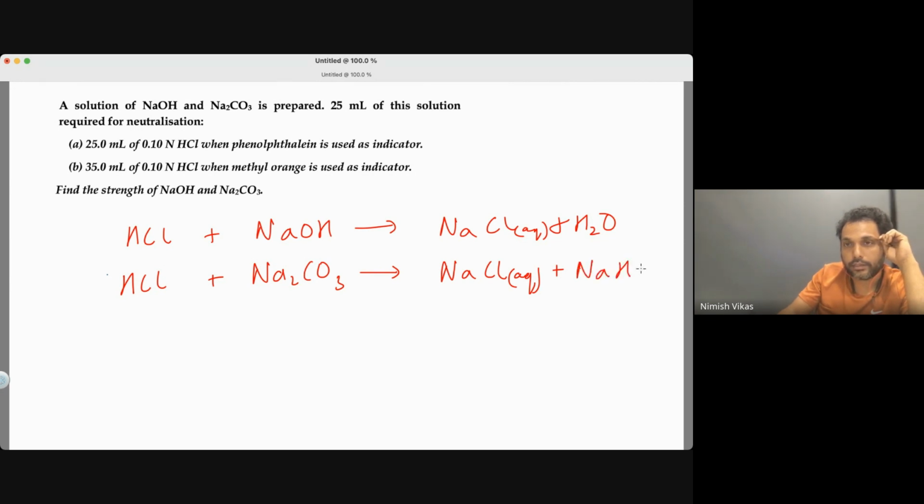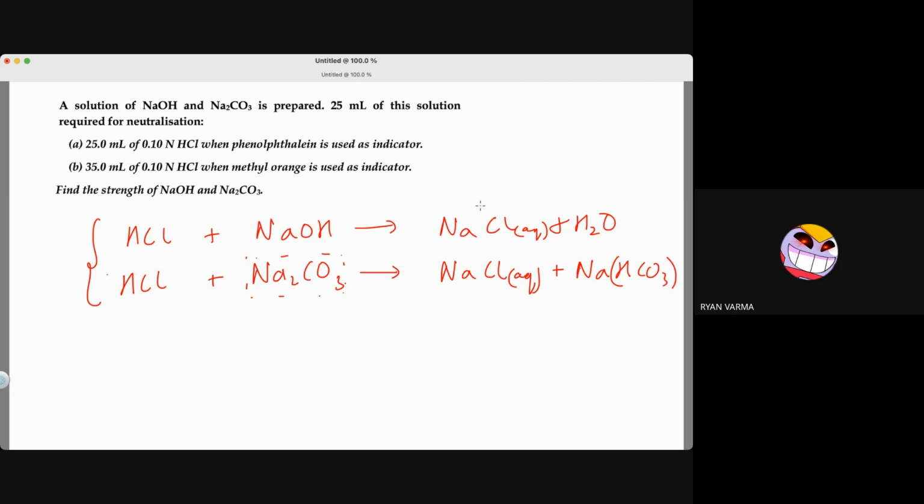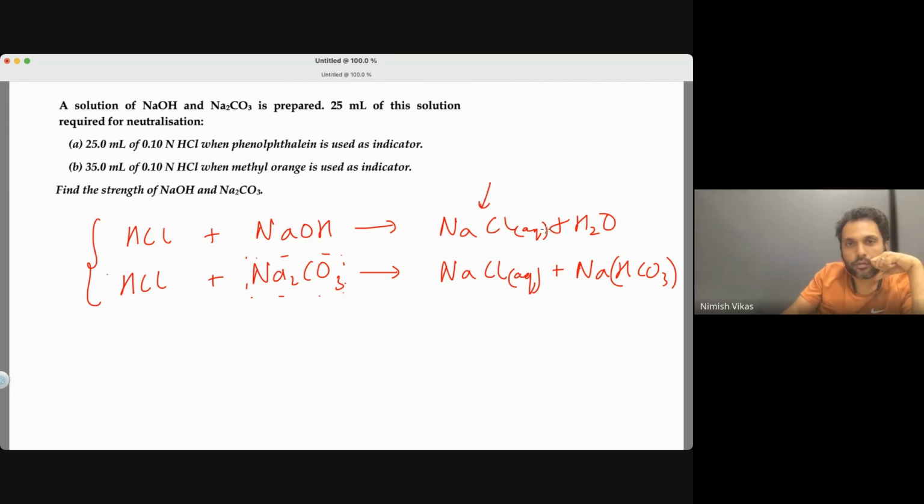So NaHCO3. Is that clear? So this HCl has also neutralized this kind of a base, but not fully. And when so much happens, phenolphthalein is fully satisfied that yes, things are neutralized. Are you getting the point? Yes, sir.